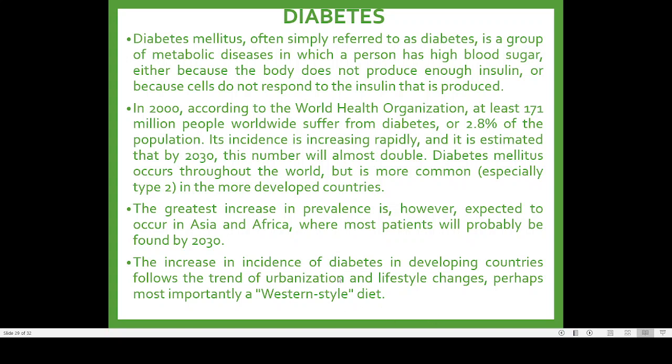The increase in incidence of diabetes in developing countries follows the trend of urbanization and lifestyle changes. So what is urbanization and what is a rural way of life? Normally when people are in a village or in a rural background, most of the time they may be engaging in some kind of agricultural work or agricultural activity, and that will be giving them a lot of physical exercise.